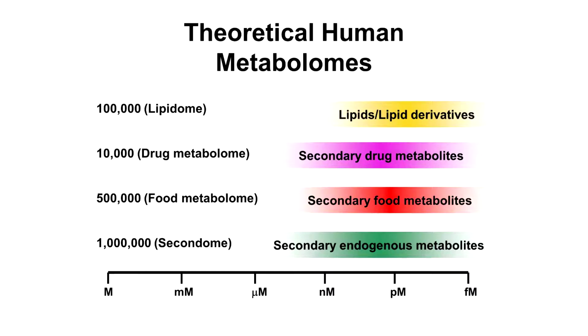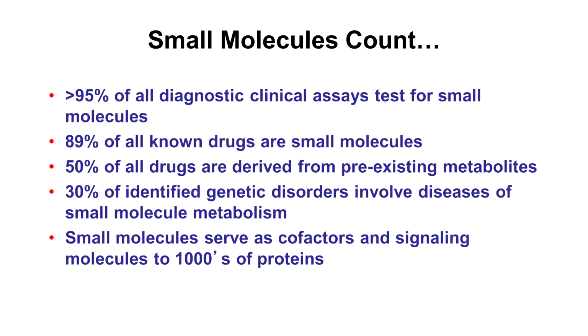So altogether, these things may sum up to something on the order of 1.5 to 2 million different compounds, none of which are in any database, none of which have been characterized to any degree. So this is truly the unknown, and this represents sort of the limit of detection that we have. In the case of instrumentation, it's usually in the nanomolar or subnanomolar range. So that's kind of a list or a tally of the different types of small molecules that we can see, or maybe not yet see, but can detect.